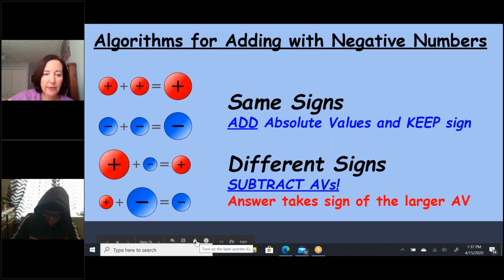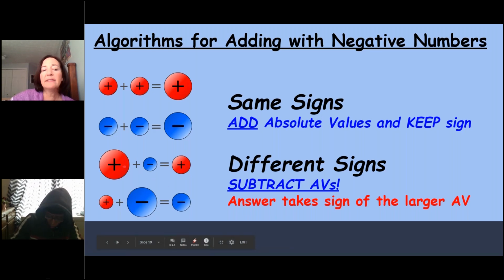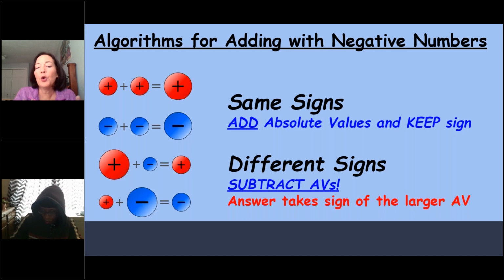Now, if we have a positive plus a negative, or a negative plus a positive, instead of adding, we're going to subtract the absolute values. And you'd heard of that and you were familiar with that. The only time we subtract the absolute values when it's an addition problem is when the two signs are different. And once we've done that, we take the sign of the larger absolute value.